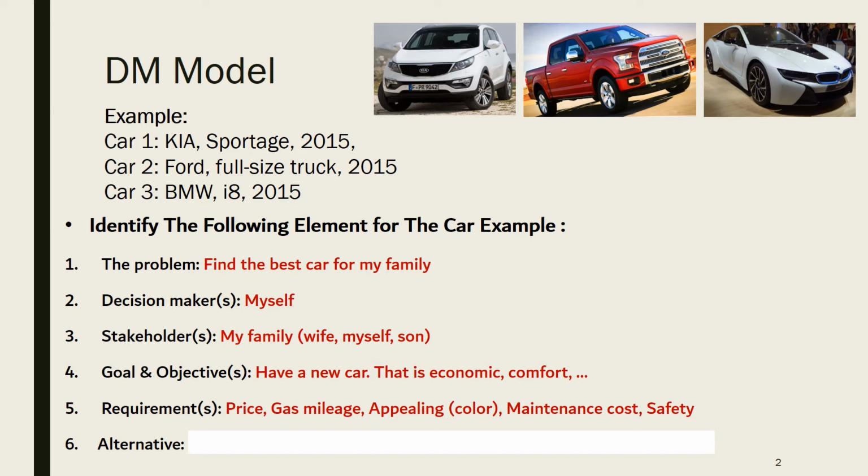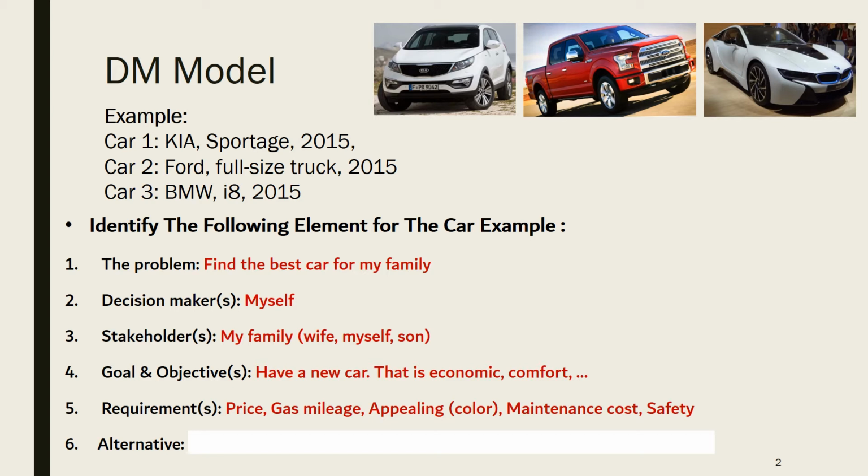If I'm looking for the most efficient car, in this case I'm going to look for the gas mileage. For the comfortability, I'm looking for the appeal of the car, such as the color, for example, and maybe the safety as well. From the requirements, I can consider the maintenance cost as part of the economic perspective or economic objectives.